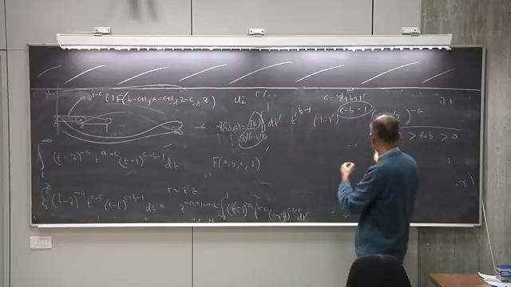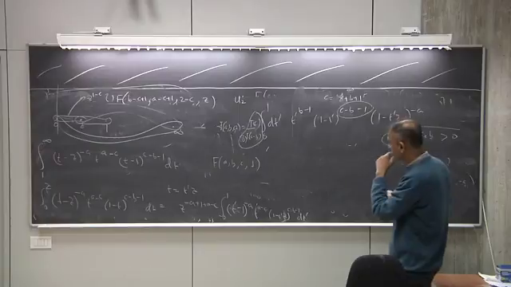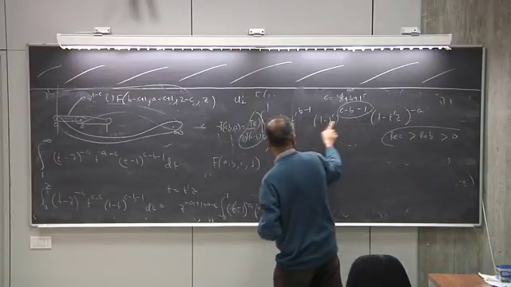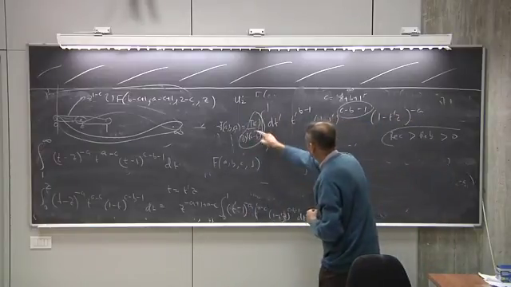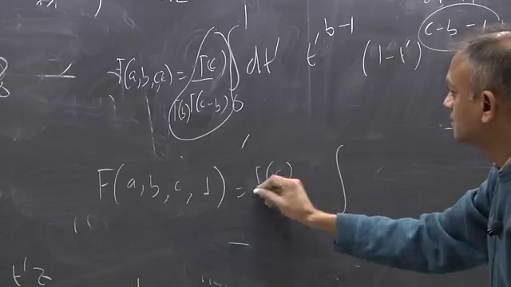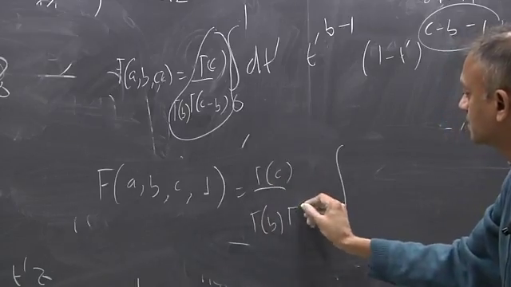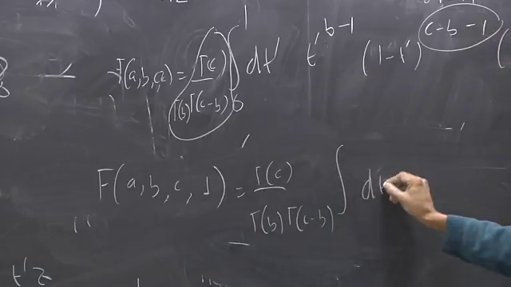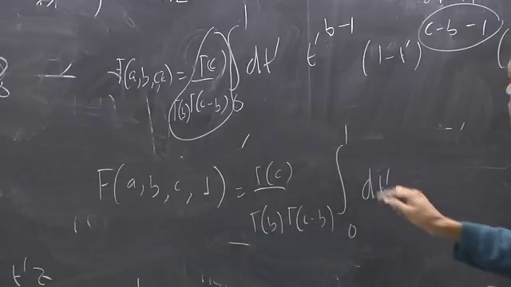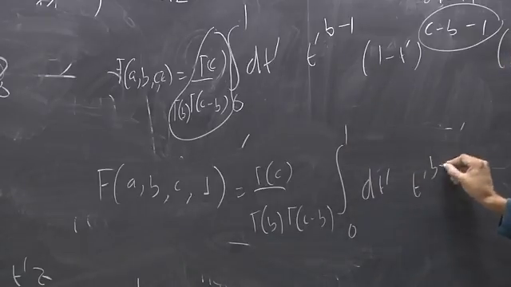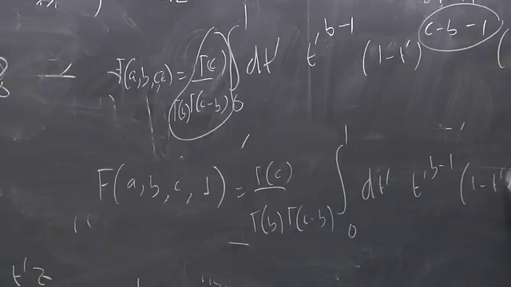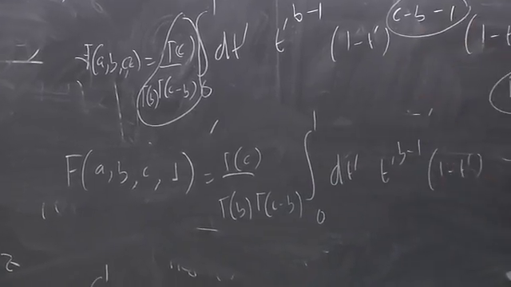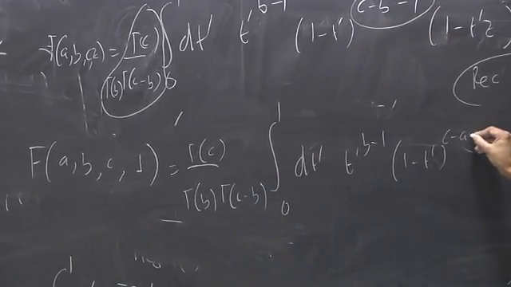So for z equal to 1, up to the constant gamma c over gamma b, gamma c minus b, this becomes dt prime, integral from 0 to 1 of t prime to the b minus 1, and 1 minus t prime. At z equal to 1, these two add up, so you get c minus a minus b minus 1, dt prime.